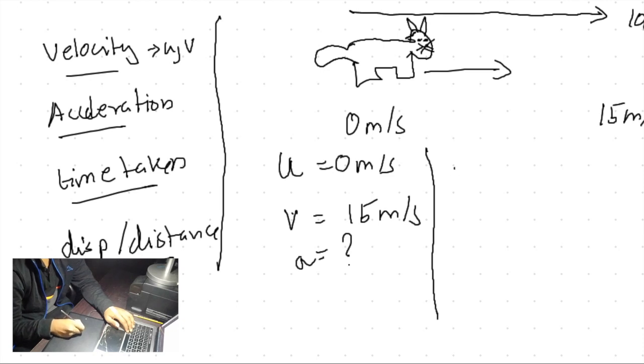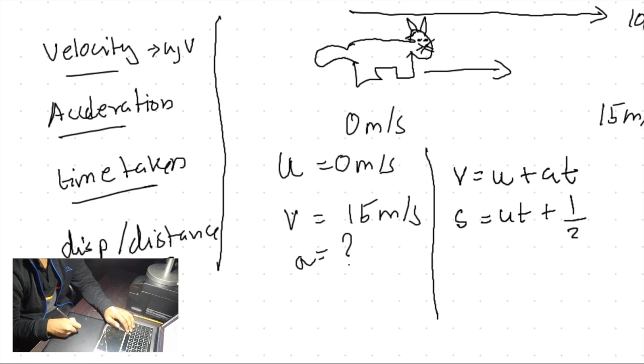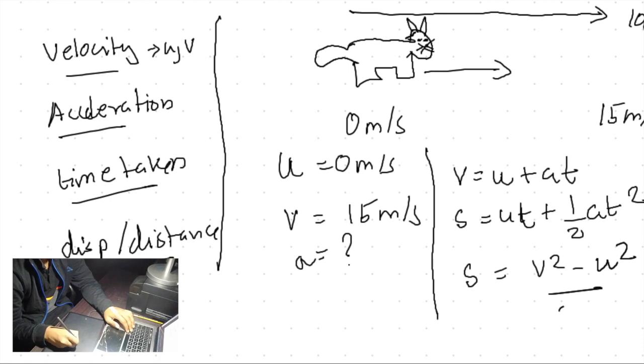The first one is v is equal to u plus at. The second one is s is equal to ut plus half at squared. The third one is s is equal to v squared minus u squared by 2a. I'll do the derivation in another video. Till then, you can just memorize this.